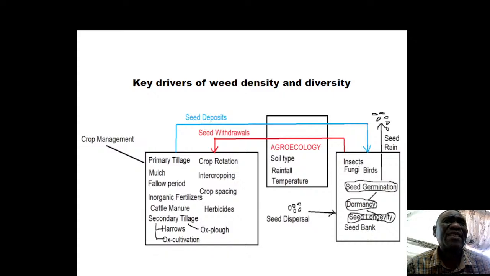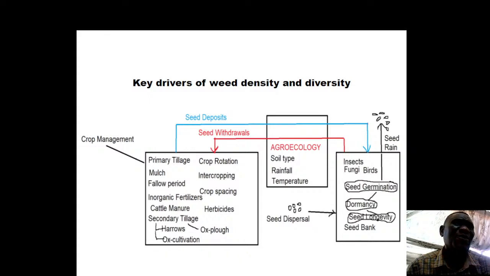We have also the seed germination process. We have got dormancy, and we have got seed dispersal, bringing in the seeds.